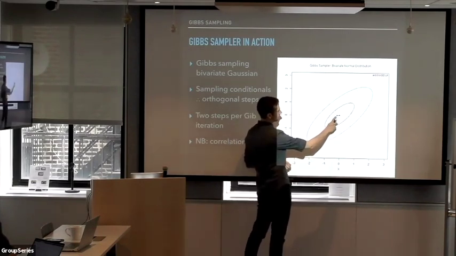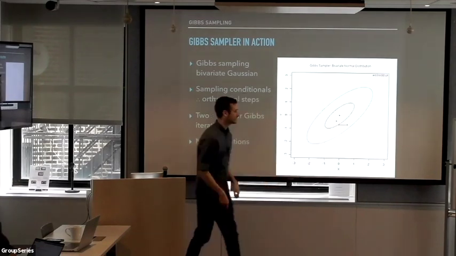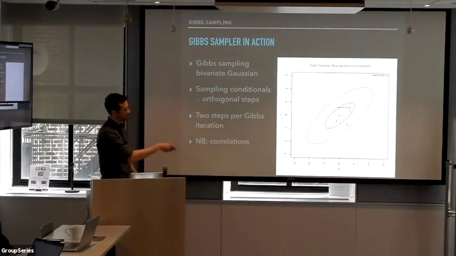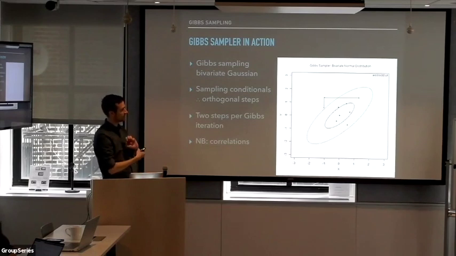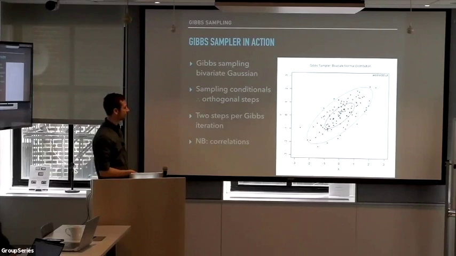So probability of x given y, y given x, x given y given x, right? And so you have this characteristic way of stepping around your posterior that involves essentially n little parameter steps that are all orthogonal to each other at each point.